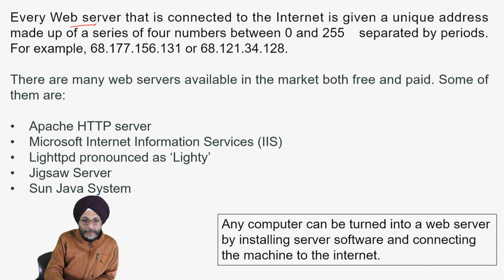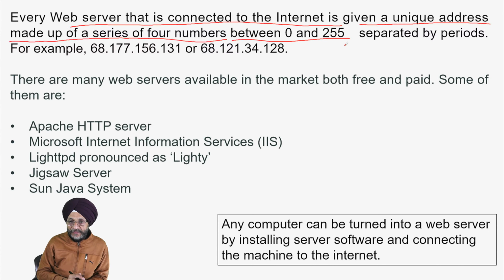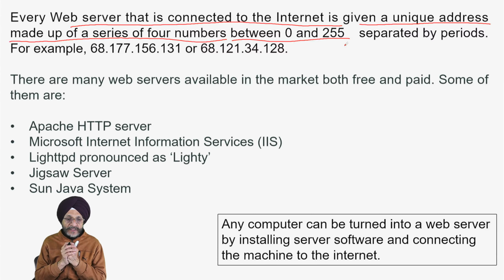Every web server that is connected to the internet is given a unique address which is made up of a series of four numbers between 0 and 255. There may be a question in the exam that the web server which is connected to the internet is given a unique address. It is made up of how many numbers?